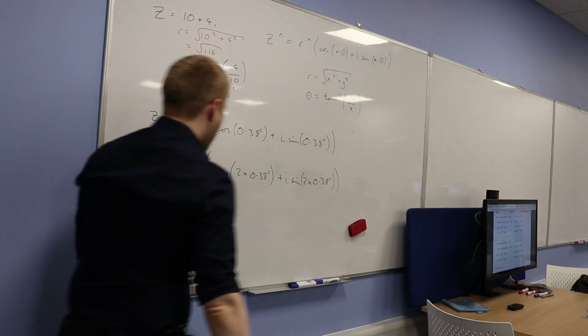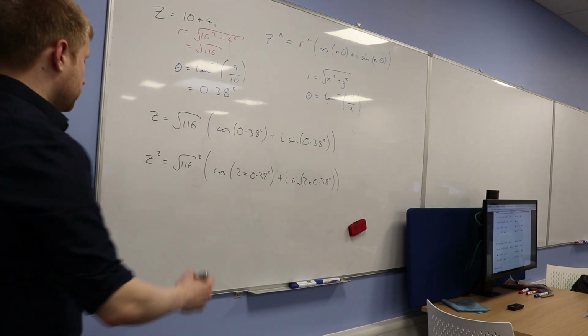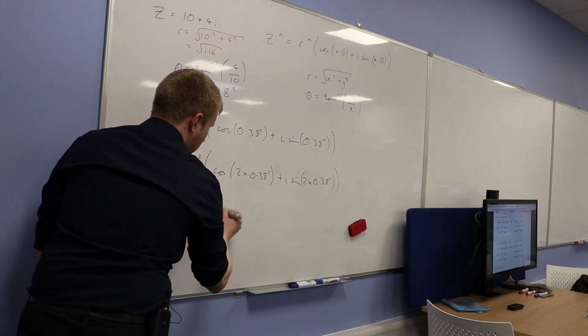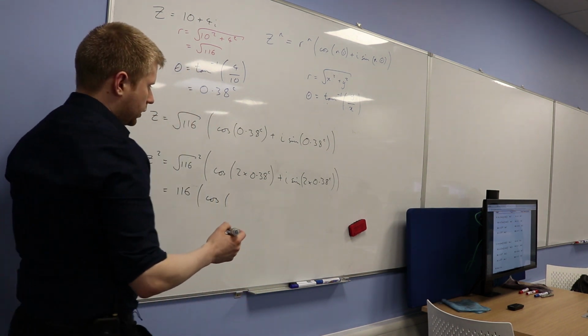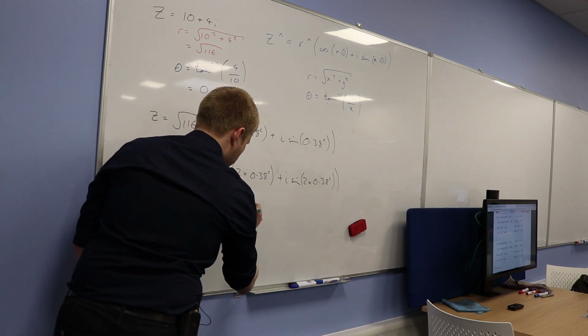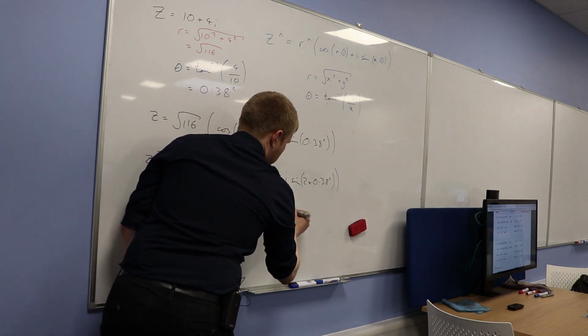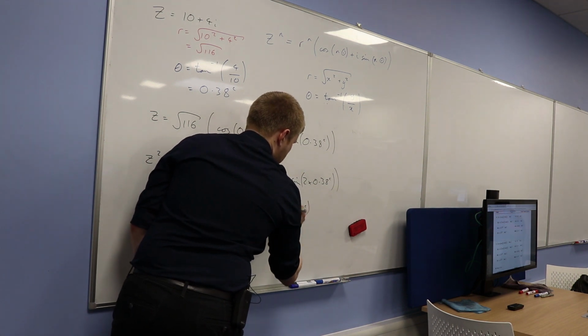Okay, good. And then you can go through and tidy it up. So would you be happy this would be equal to 116 times the cosine of 0.76 plus i sine of 0.76 radians.